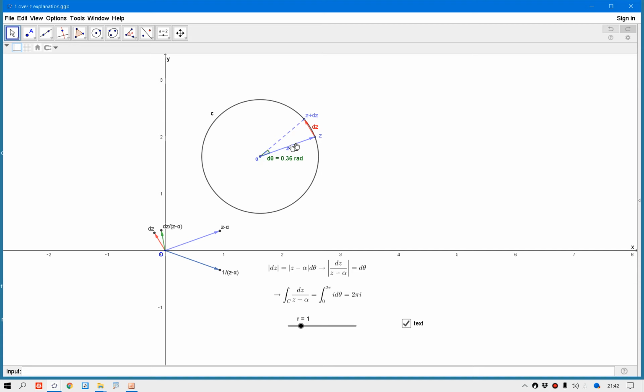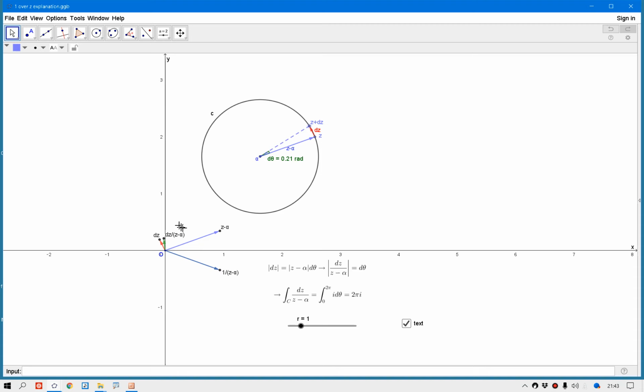So we are going to see this with GeoGebra. Alpha is the center, z is on a circle, and this is dz. They are the same, just translated to the origin. First we find the argument of dz over (z minus alpha), which is the argument of dz minus the argument of (z minus alpha). But when d theta becomes very tiny, these two vectors become perpendicular, so the argument of dz over (z minus alpha) nears 90 degrees.